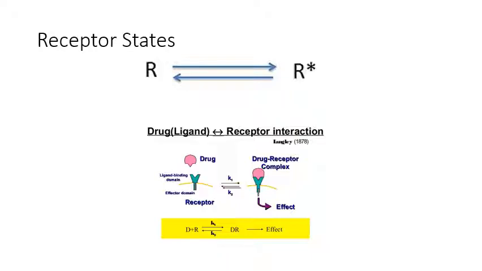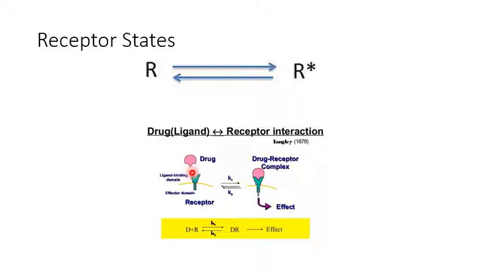Receptors are normally present in two states, either the inactivated state or the activated state. The ability of the receptor to convert between inactivated and activated depends on the occupation of the receptor by a ligand or agonist to convert it from an inactivated to an activated state.